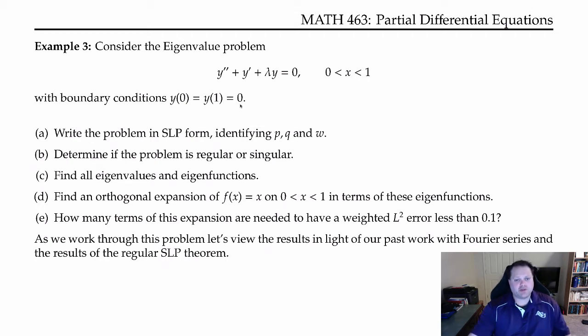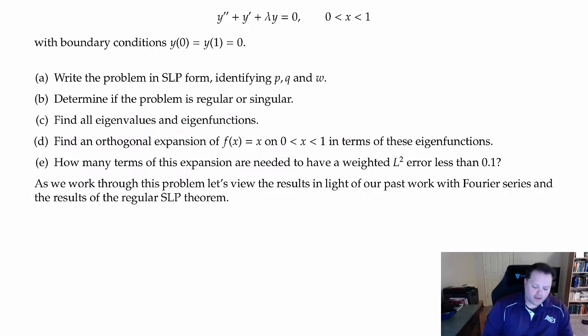We've got Dirichlet boundary conditions here. We're going to look at the SLP form first, to see if this problem is regular or singular and go from there. Just looking at it, A2 is 1, A1 is 1, and A0 is actually 0 here. You need to be very careful about that.